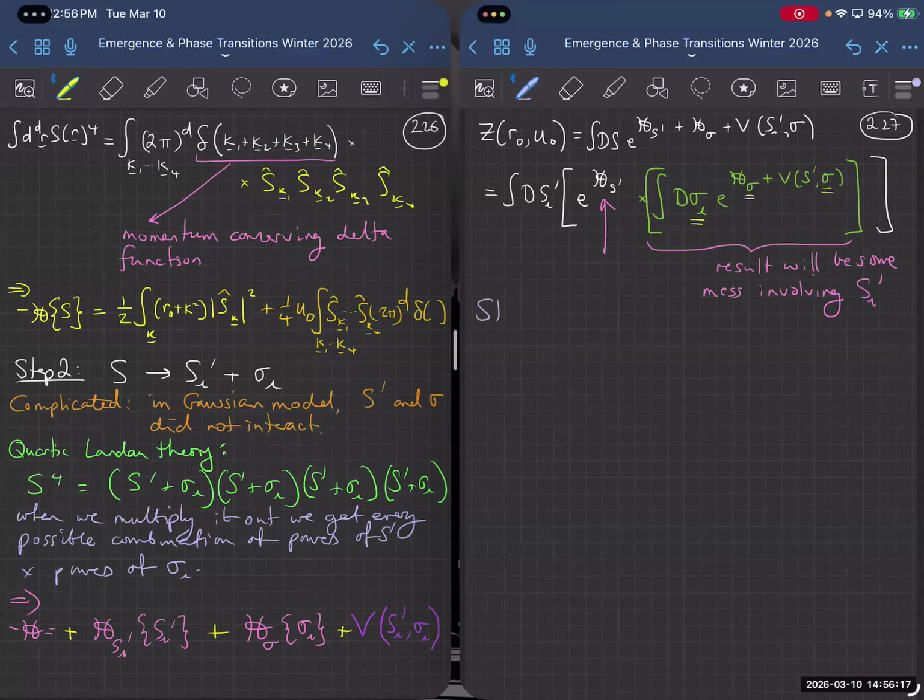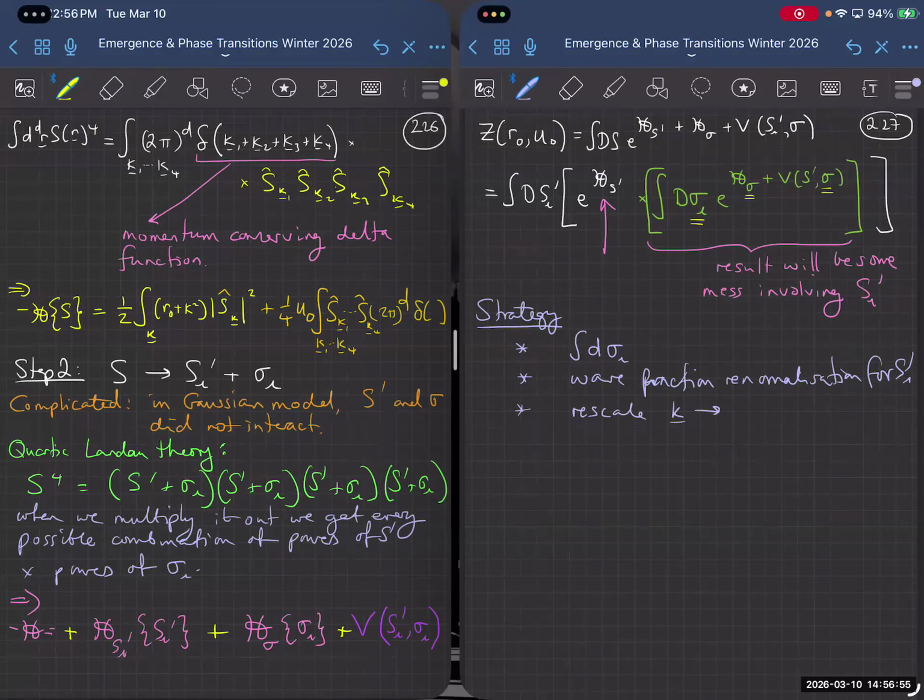So the strategy then: step one is do the integral over all the sigmas. So we're going to do that integral. Then we're going to do the wave function renormalization for SL prime. We're going to rescale K to KL like that.